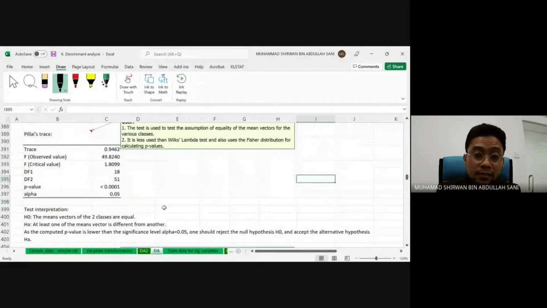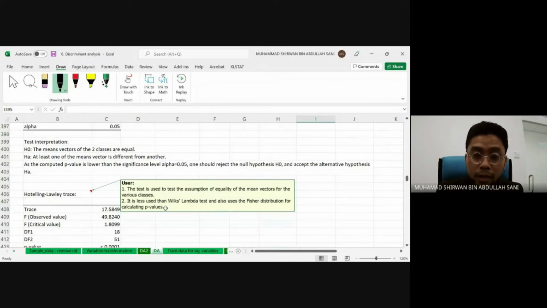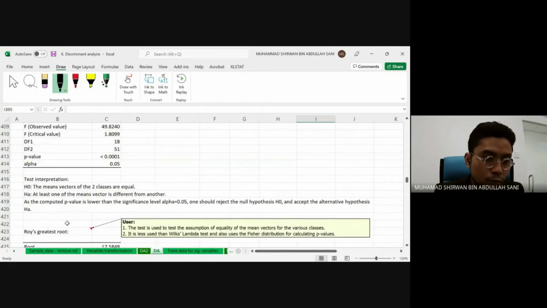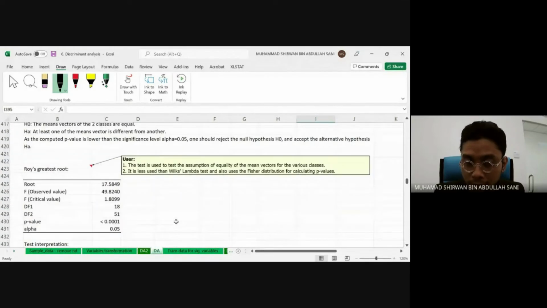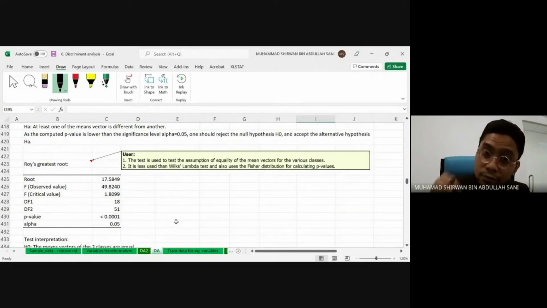The good thing with XLSTAT, they will calculate according to their individual algorithm, and then some participants or researchers will refer to their previous studies and try to follow through. Perhaps they want to use Hotelling-Lawley, perhaps they want to use Roy's greatest root test. But when you want to choose one particular test, you have to have a valid reason why you want to use it.